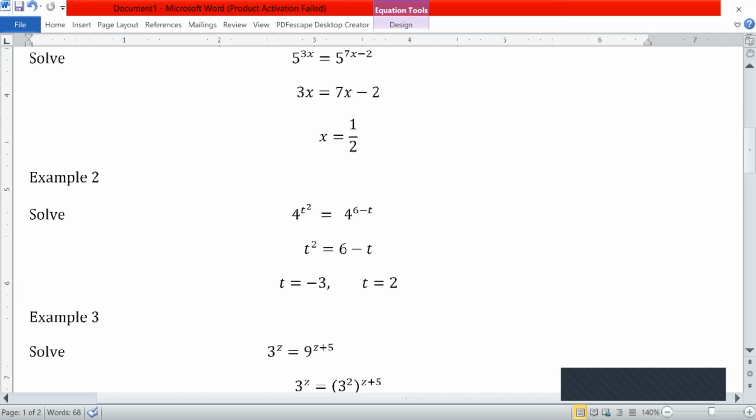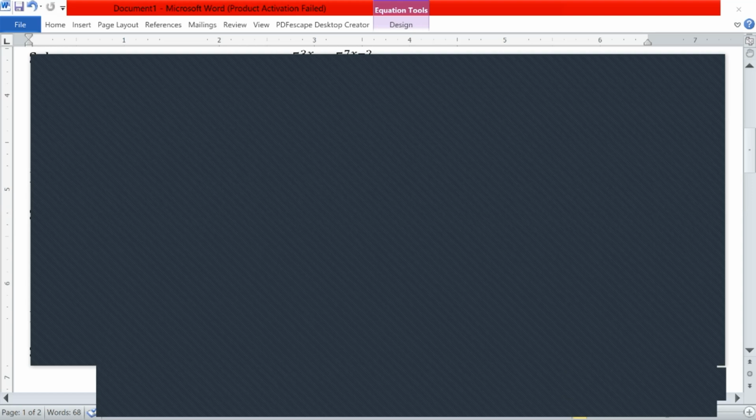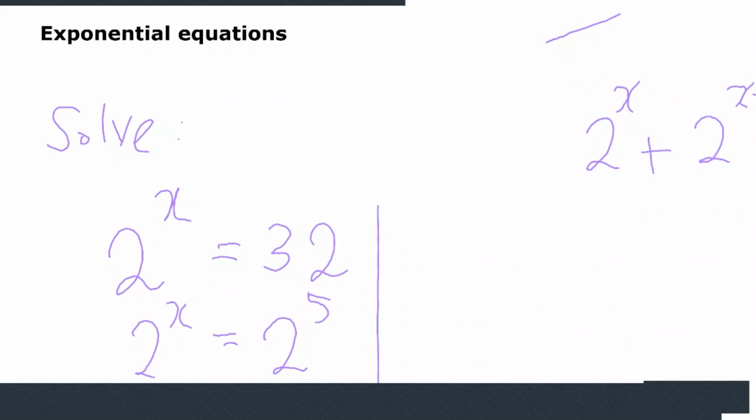Let me go to the board and write what you're saying. Is this what you're saying? You're saying 4 to the power of 2 is equal to 4 to the power of x squared minus x.